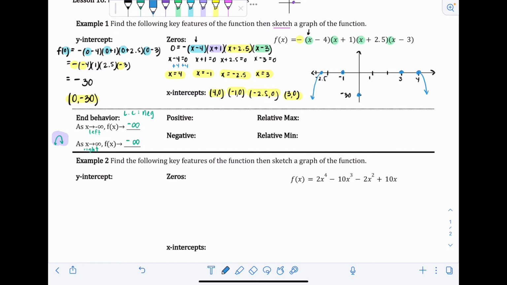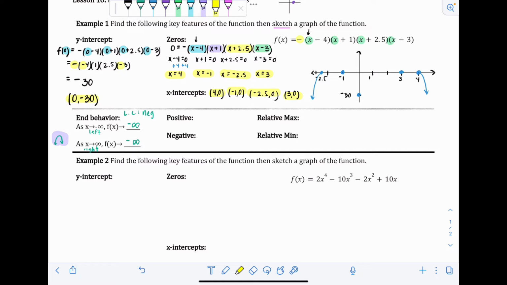And then multiplicity is how many times a certain factor appears within your function when it's in factored form. Usually if something has a multiplicity other than 1, if you look at the function in factored form, which is how our original one was written, you would see exponents over the factors.